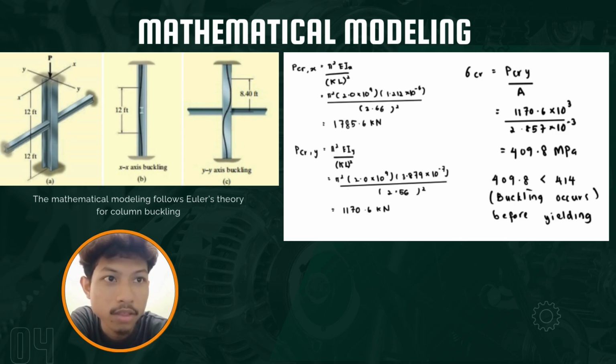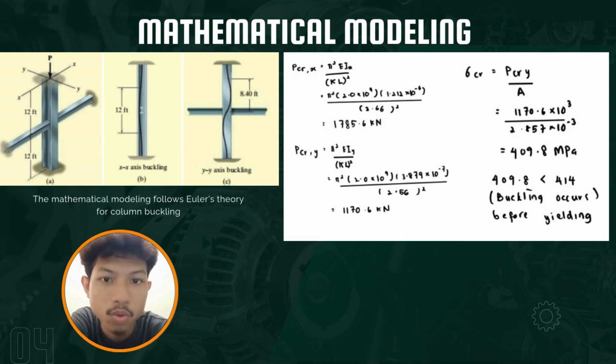Next diagram is the calculation that we made, which is we use PCR equal to pi squared EI over KL squared.